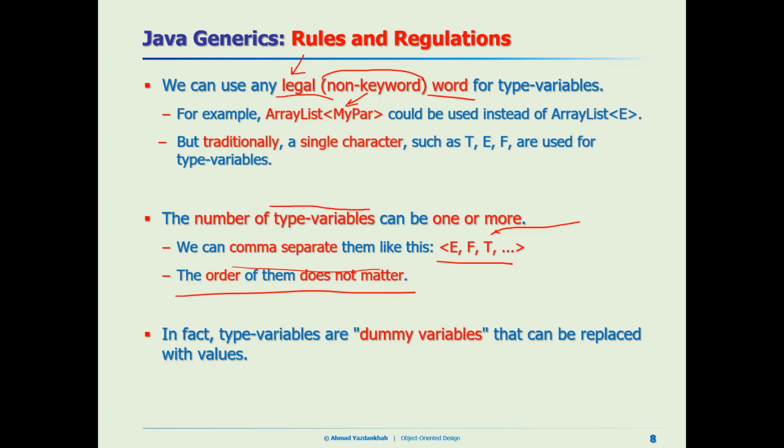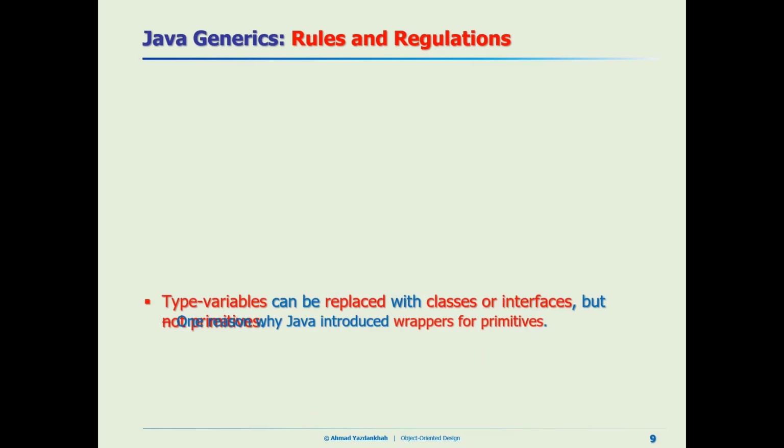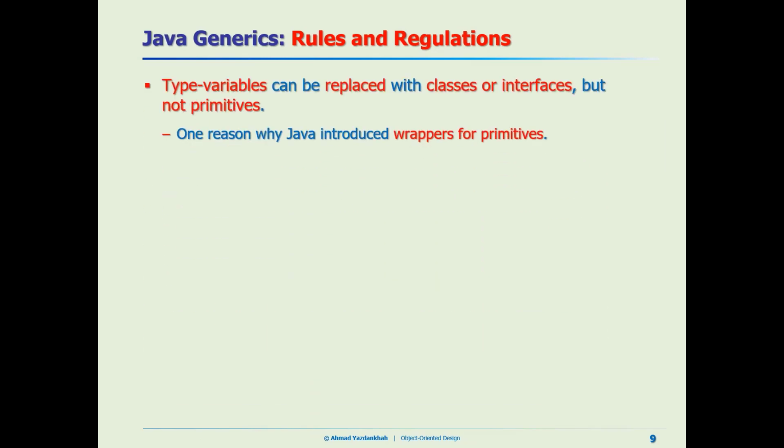Another point is, when you have a parameterized class, that variable can be replaced with classes or interfaces, right? So, for example, for the List we change it to Employee, which is a class.